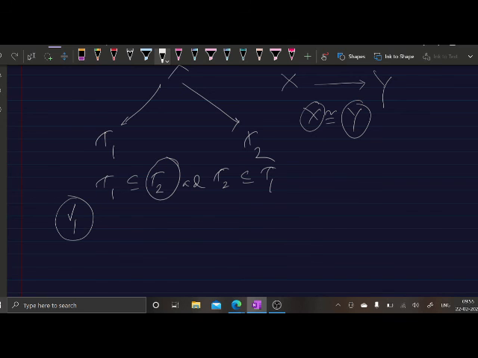V1 is a neighborhood of each of its points with respect to tau 2.